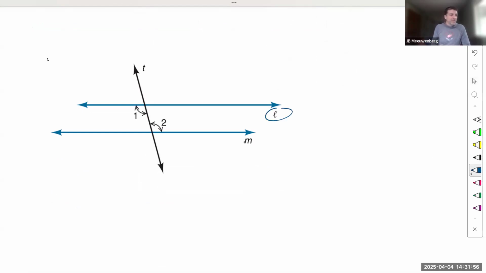We have line L, line M, those are parallel. But then we have this T line going across them. This is called a transversal. If two lines are intersected by a third, we call that third line a transversal.